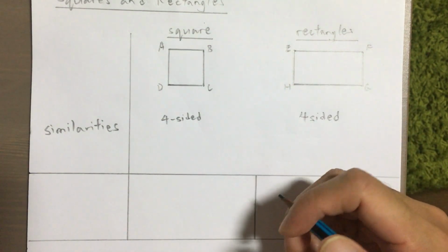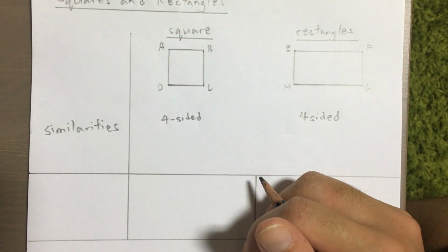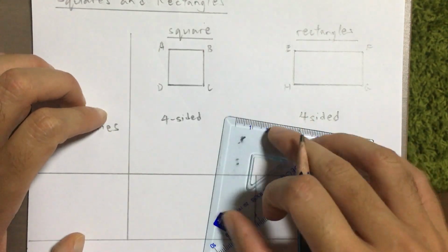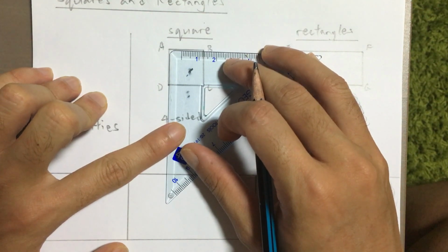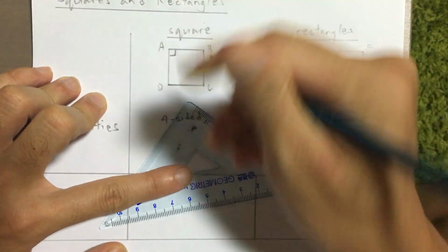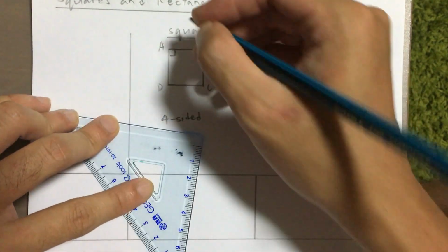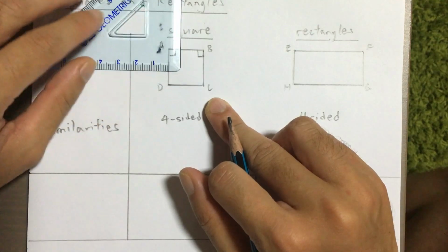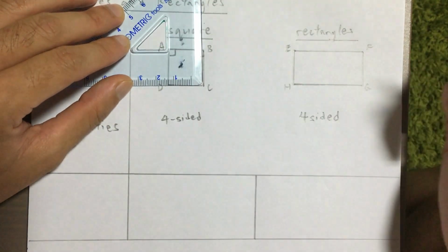Simple. Next is about the angles inside the figure. Again, if we use a set square and check, this angle here is a right angle. How about this? Right angle as well. How about this? Right angle as well.